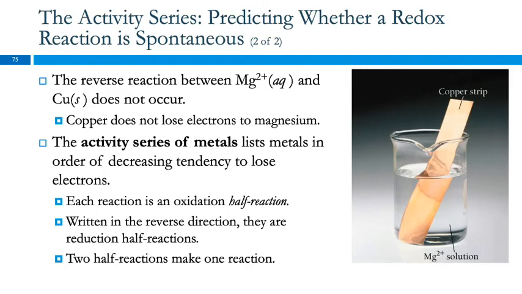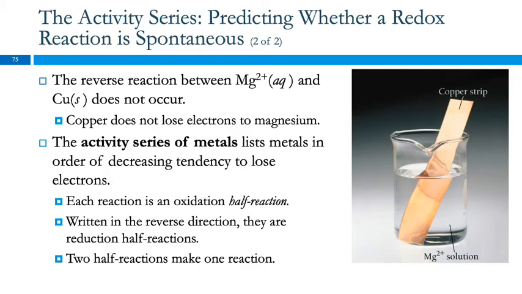So in this activity series, we list the metals in order of decreasing tendency to lose electrons. The top ones have the highest tendency to lose electrons, and the ones at the bottom are the lowest. We write each of these as an oxidation half reaction, just showing it losing electrons.